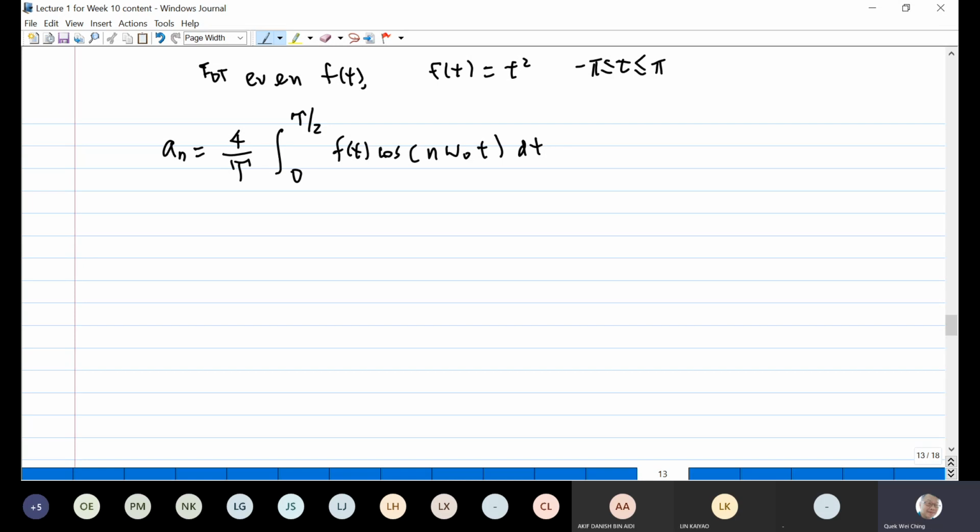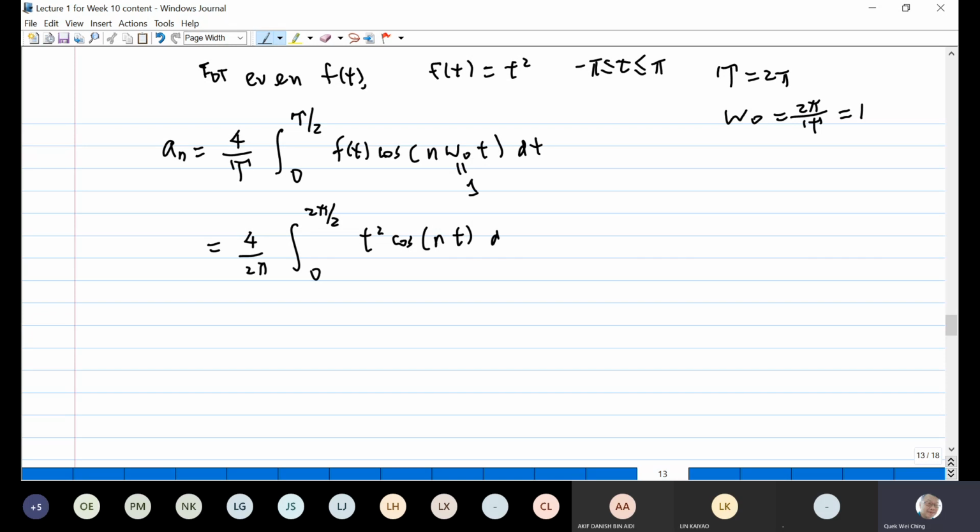This is the formula for finding An. T equals 2 pi, and omega 0 we found earlier is 2 pi over T, which is 1. So the whole expression becomes 4 over 2 pi, integral from 0 to 2 pi over 2, f(t) is t squared, cosine n times 1 times t, dt.